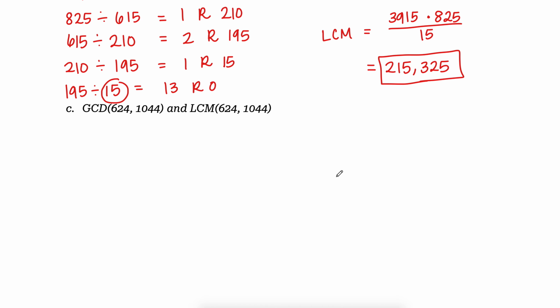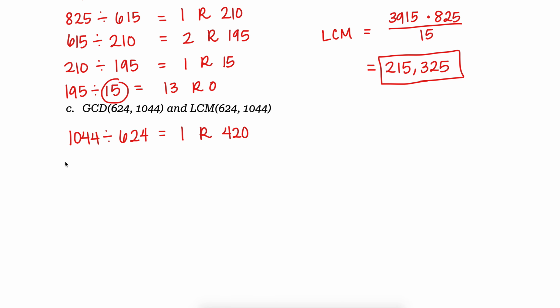We're asked to find the greatest common divisor between 624 and 1044. So the Euclidean algorithm works when you take the larger number divided by the smaller number. So I'm going to do 1044 divided by 624. And that gives me a 1 with a remainder of 420.